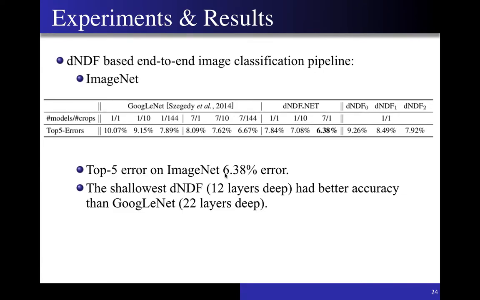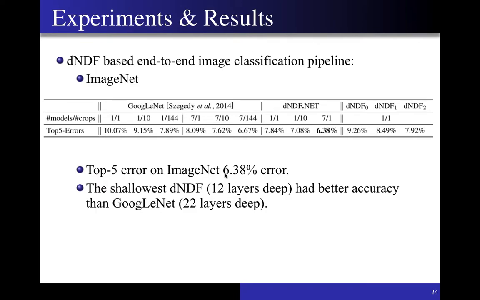Taking the experiments further, a deep neural decision forest architecture was designed from the Google LeNet architecture, where each softmax layer was replaced by a decision forest. Each of these forests consisted of 10 trees, each with a depth of 15.